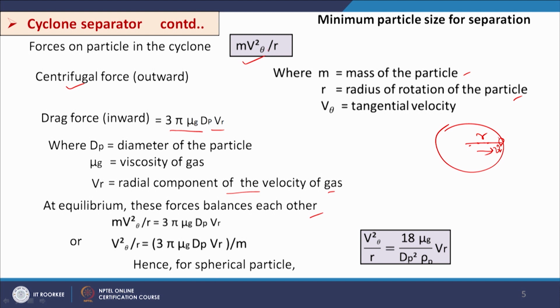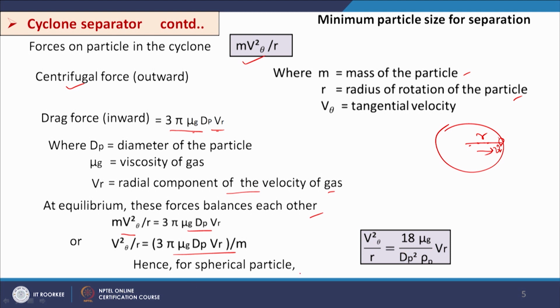So, m v theta square by r is equal to 3 pi mu g dp V r, where V r is the radial component of the velocity of the gas. So, we can get v theta square by r is equal to 3 pi mu g dp V r divided by m. If we consider the particle as a spherical particle, we can get m by knowing the particle diameter, that is the volume of the particle into density, with the volume being 4 by 3 pi r cube.